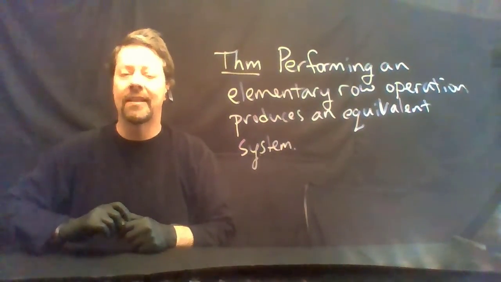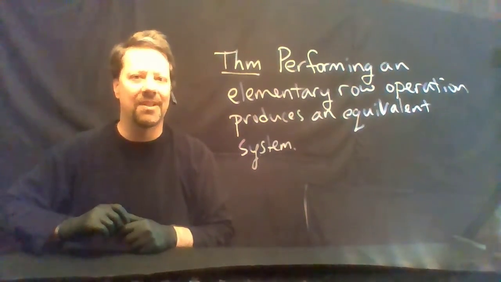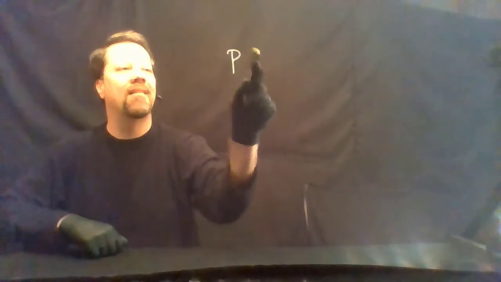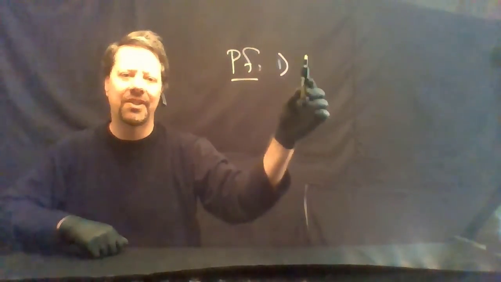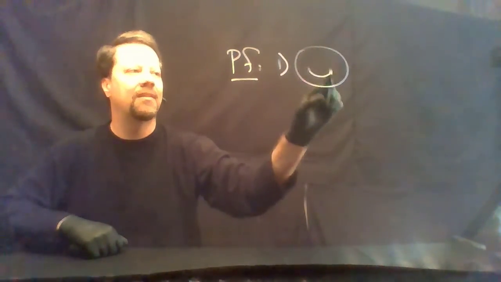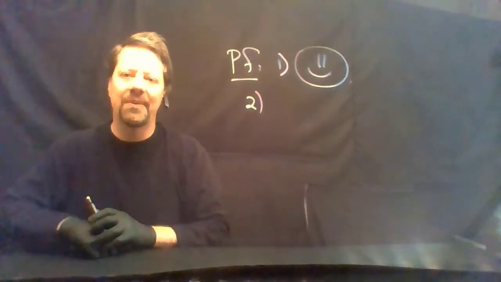Remember what equivalent systems are. Those are systems that have exactly the same solution set. It should be clear that just interchanging rows does not change the solution set. And number 2 is also pretty obvious.